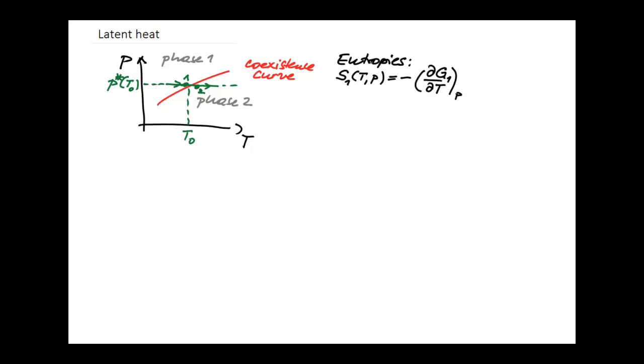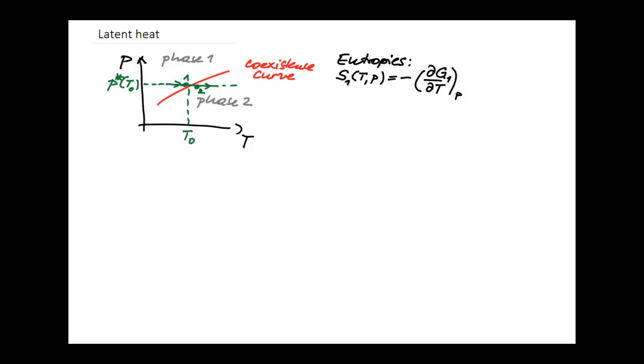Since at point 1 we are still in phase 1, we have to use the free enthalpy for phase 1. That's why I write G1. We learned last time that there's a very simple formula for the free enthalpy. The free enthalpy is given by number of particles times chemical potential. The number of particles is fixed. It doesn't depend on temperature.